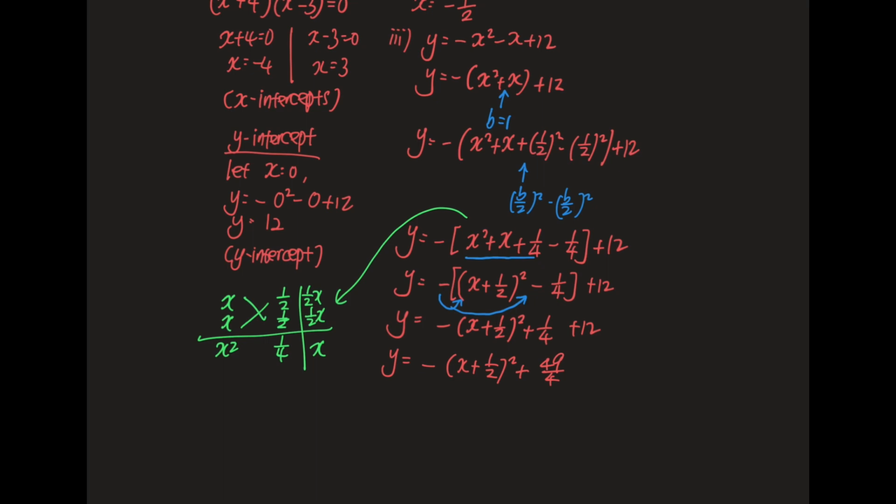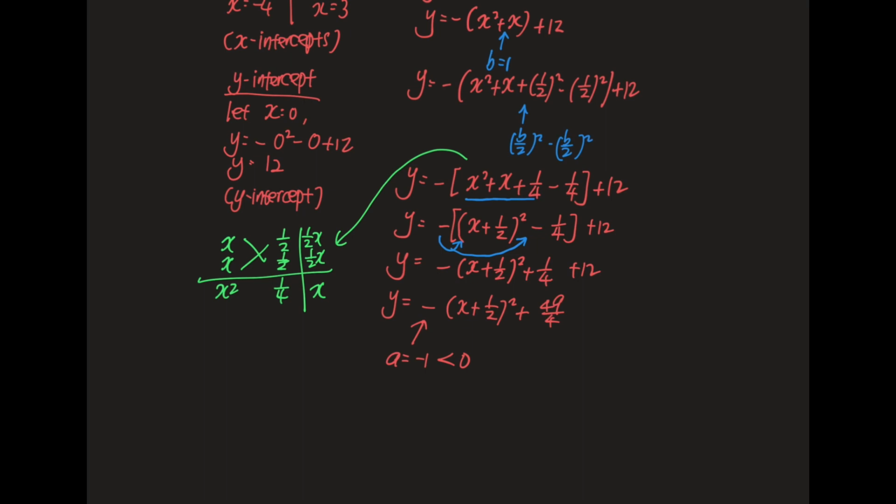Okay, so we have done completing the square, and then you have to see the value of a here. The a is minus 1, which is less than 0, is negative. Our graph is going to be a frowning face graph, and you have a maximum point. So to find the maximum point, we look at this bracket. We let the bracket equal to 0.